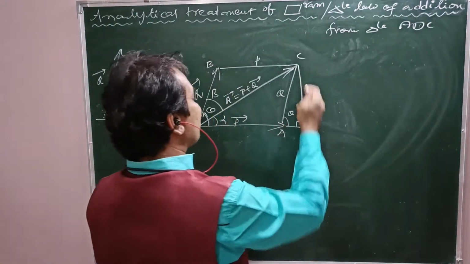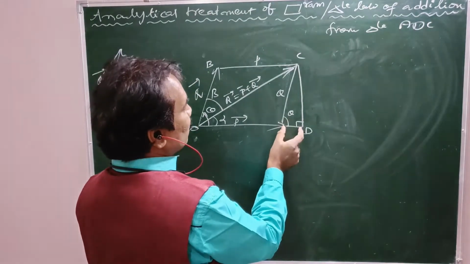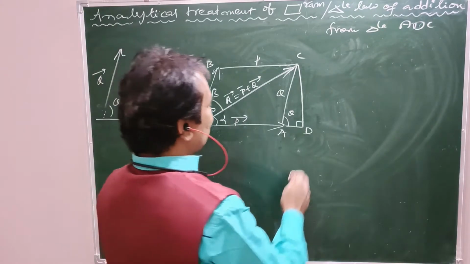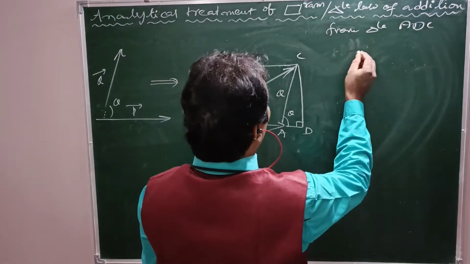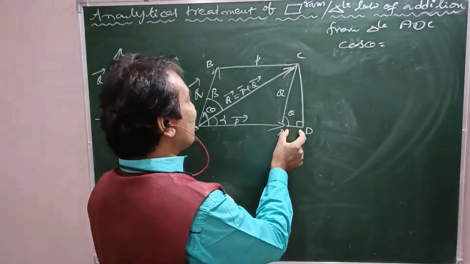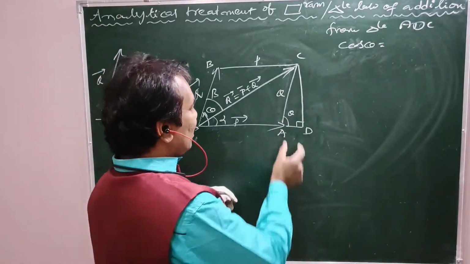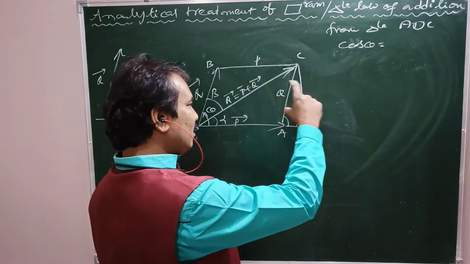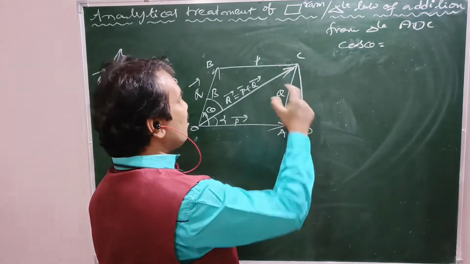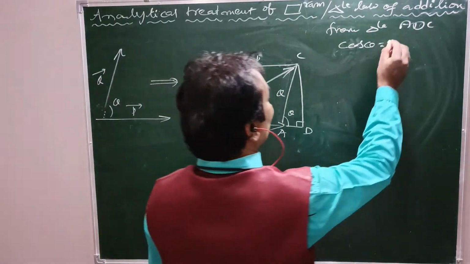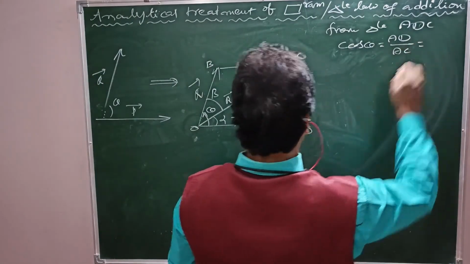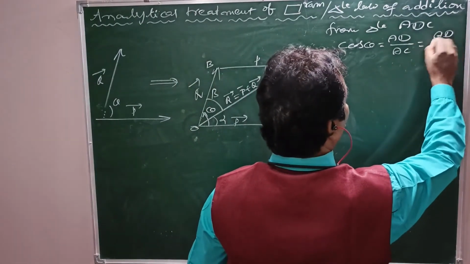Right angle triangle ADC means here theta, so AD becomes the adjacent side, CD the opposite side, and AC the hypotenuse. So cos theta equals adjacent side by hypotenuse, that is AD by AC.